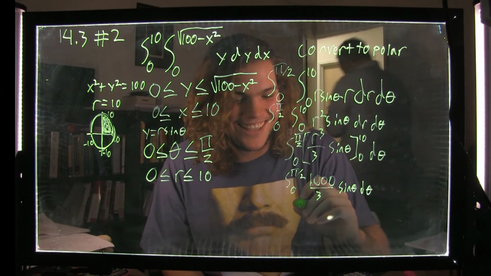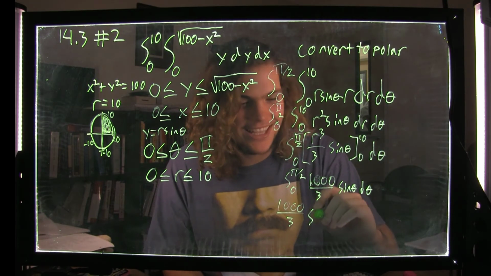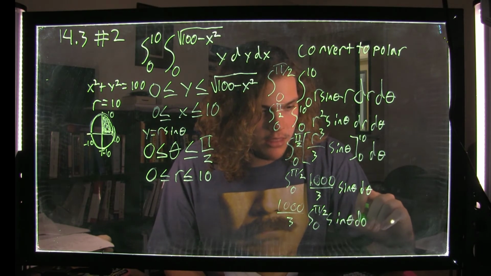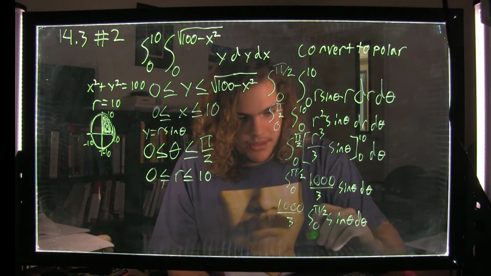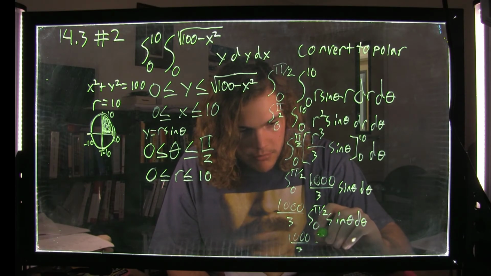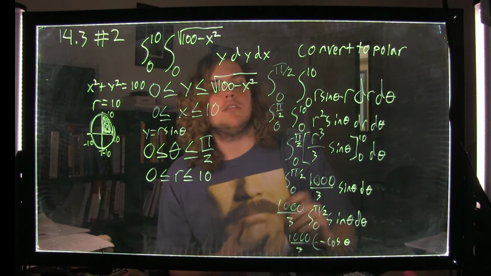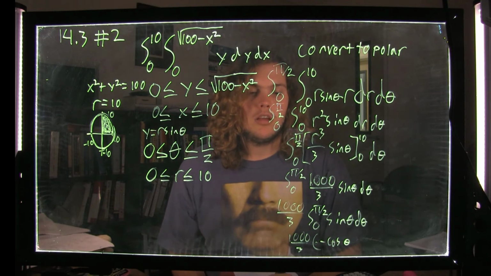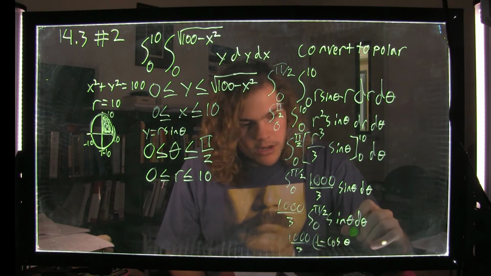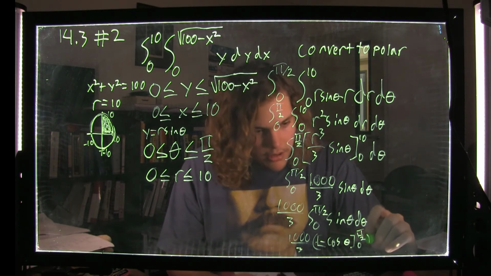Okay, you're all good. So you just take this guy, put this out here, 1,000 over 3, times the integral from 0 to pi over 2 of sine theta, because the integral of sine theta would be negative cosine theta, evaluated from 0 to pi over 2, and there you go, right?